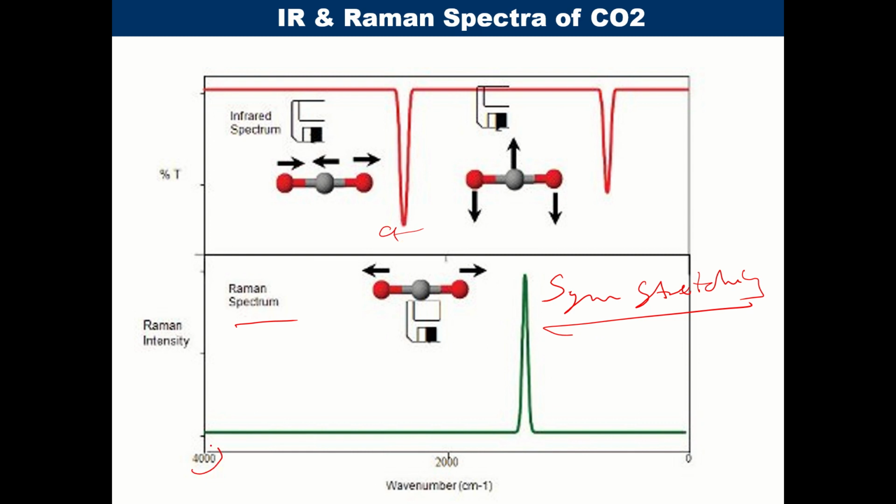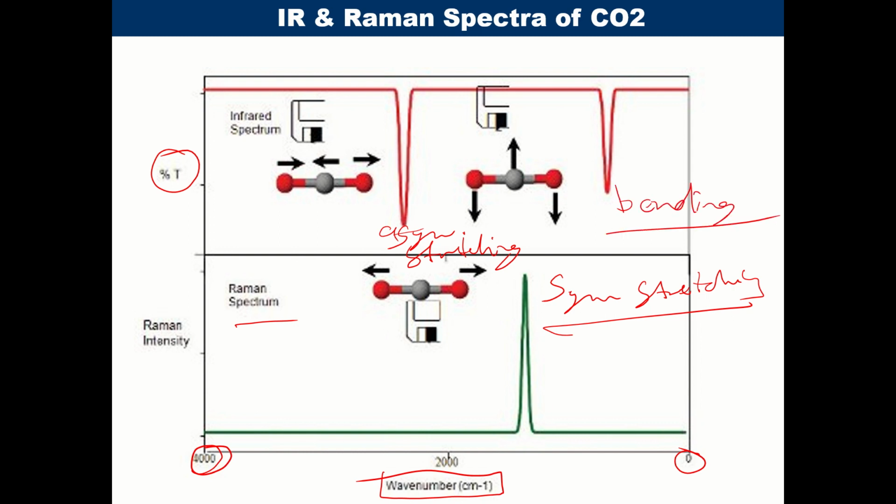So you see the scale, this is 4000, this is 0. So wave number is in the reverse order, and this is percent T. Negative peak means absorption of light. So this is your asymmetric stretching. So both Raman and infrared spectrum, and this is bending, lower energy transitions.